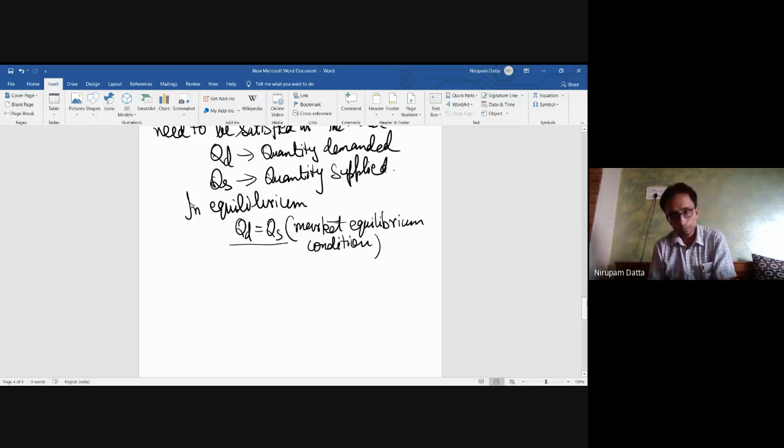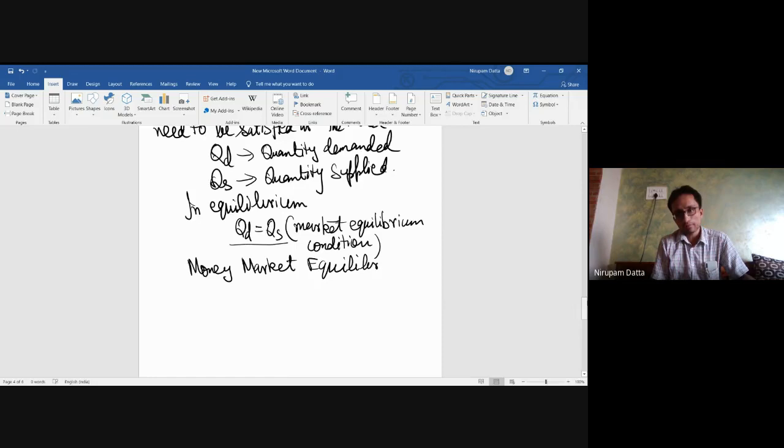Fine. Now, in macroeconomics, we talk about money market equilibrium. For the money market to be in equilibrium, what do we require? Money market equilibrium condition: we require money demanded, that is MD, should be equal to the money supplied, which is MS bar, exogenous.